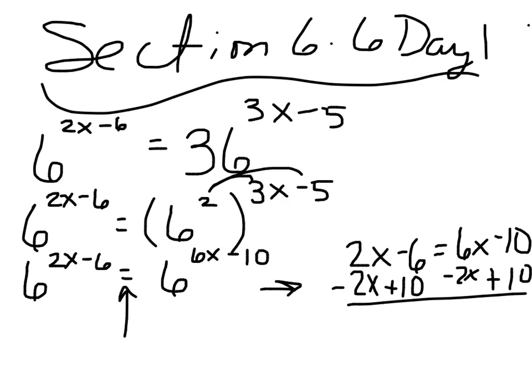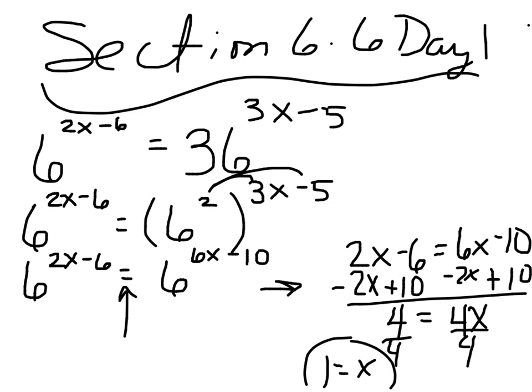When I do that, negative 6 plus 10 is 4, and 6x minus 2x is 4x. Then what? 4 divided by 4 is 1. Okay? What do you think?